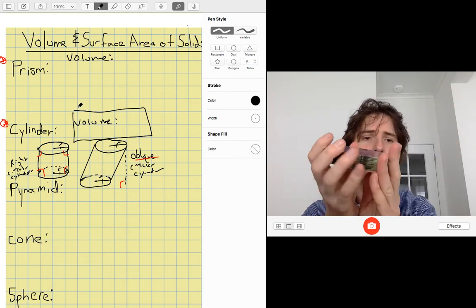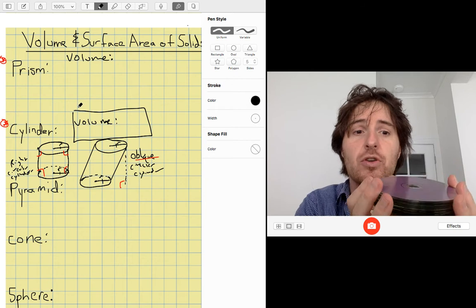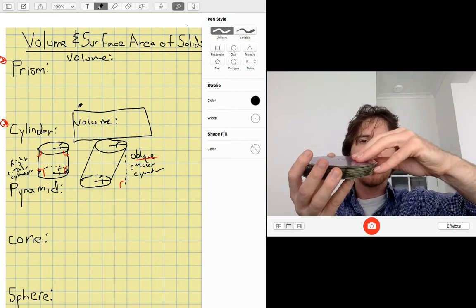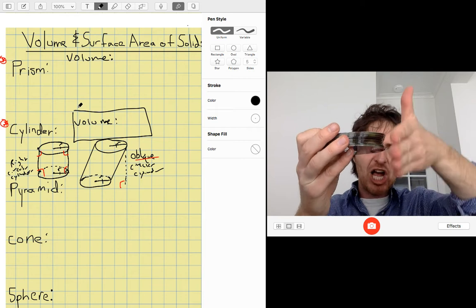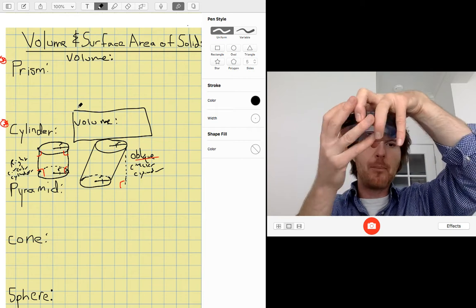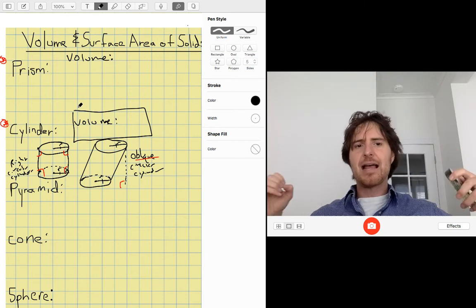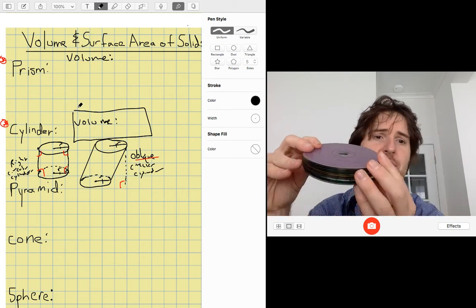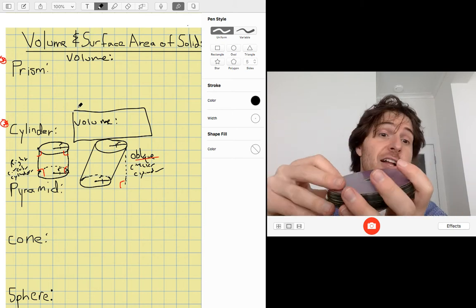How do I get the volume of this entire cylinder? We take the base area and multiply by how much height we have, how much that will fill up the whole thing. Area doesn't have height necessarily, but we have to multiply that base area by something, and height is the logical thing.